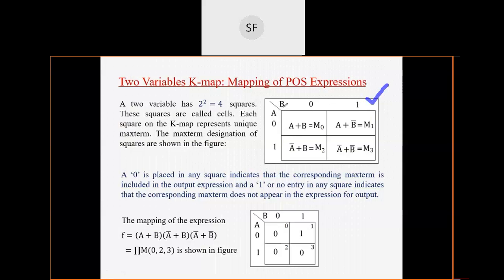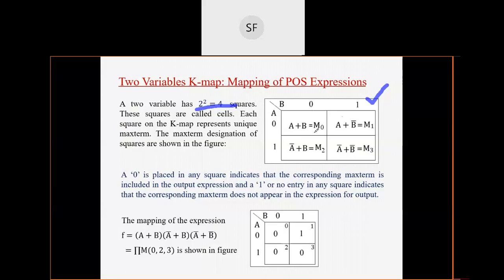A is here, B, so two variables are present, so that's why the maximum number of cells is 4, that is 2 raised to 2. 4 squares will be available in your K-map. Again here also you have to write 0 1, then again 0 1. Now the representation will vary.